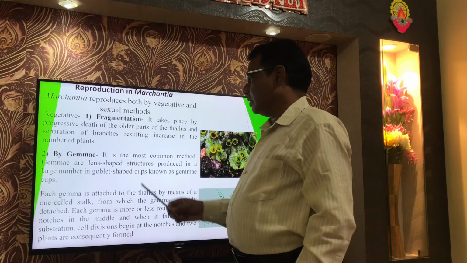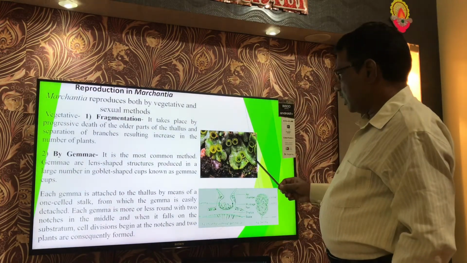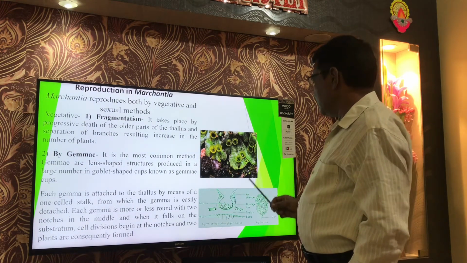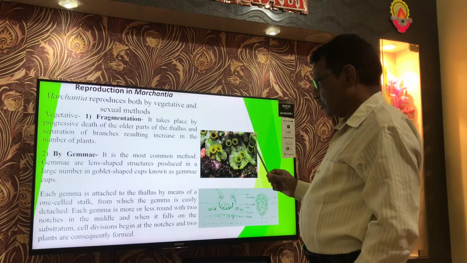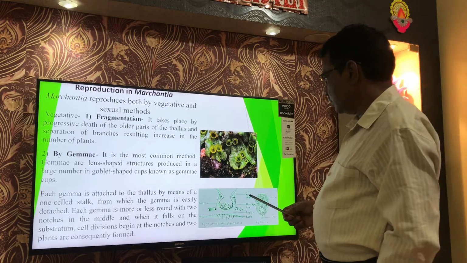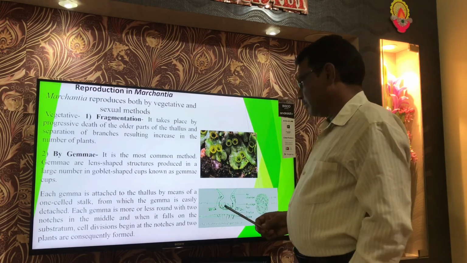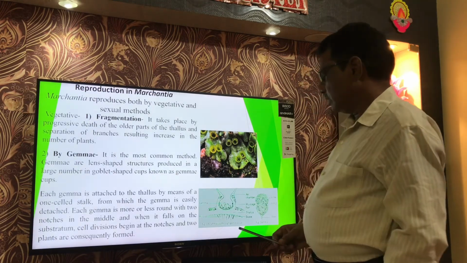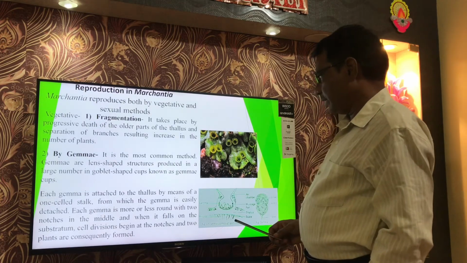Then the second one is by gemmae. The production of gemmae is the most common method of vegetative reproduction in the case of Marchantia. You cannot observe such characteristic vegetative reproduction in other members of bryophytes. So it is the most common method exhibited in the Marchantia gametophyte.